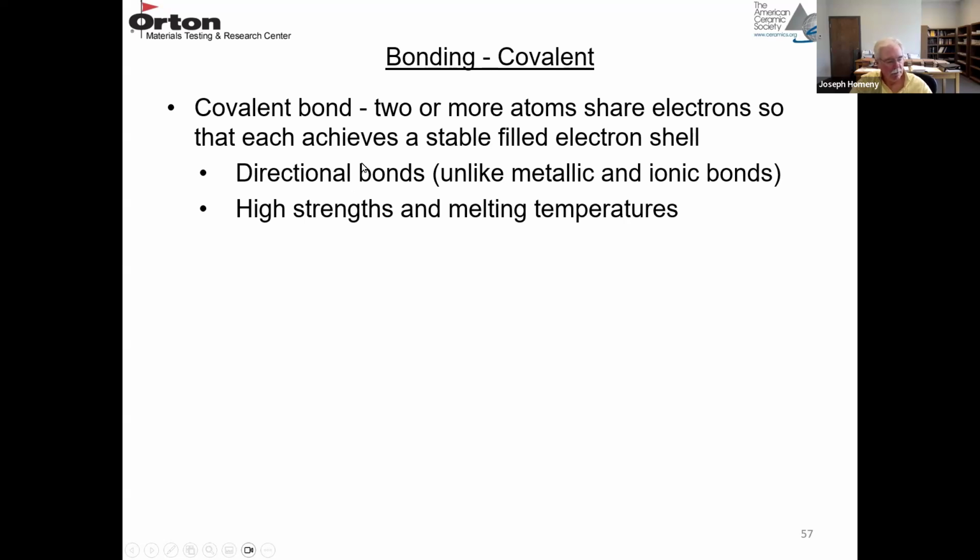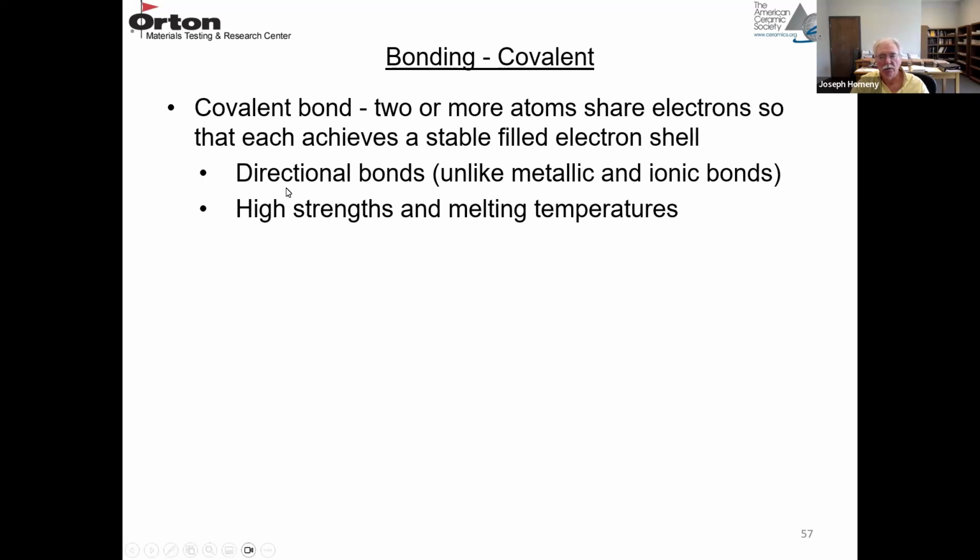In a covalent bond, 2 or more atoms share electrons, and they're now achieving stable filled electron shells. Whereas in ionic bonding, you're packing the anions in a close packed arrangement and filling the interstices with the cations.